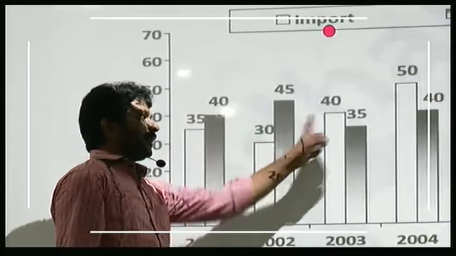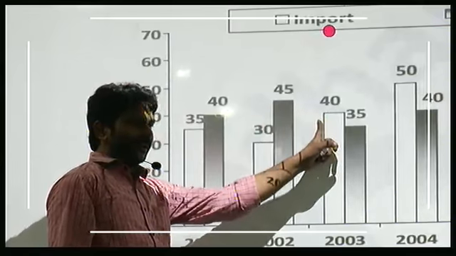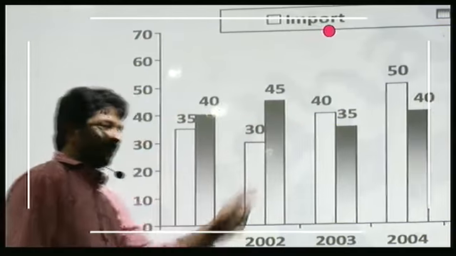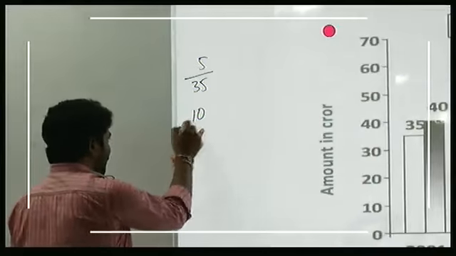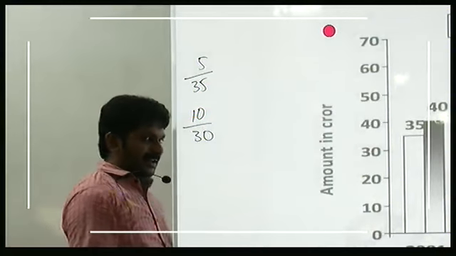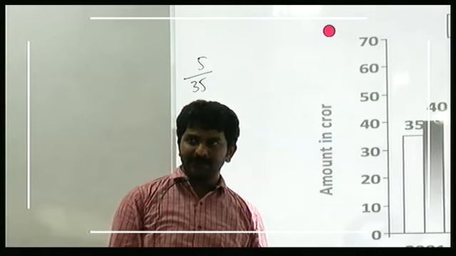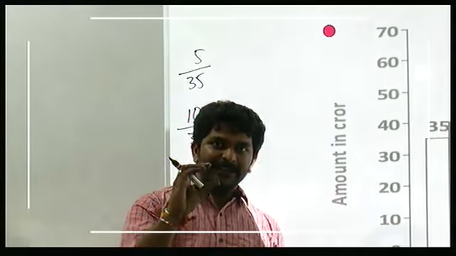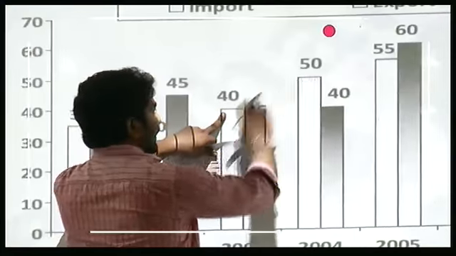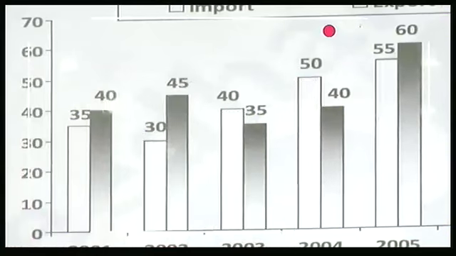Next. From 30 to 40 it increased by 10. From where? 30. So 10 by 30 increase. Whether it is increase or decrease, you don't need to worry about it. Just you should have the least number. From 40 we have 50. 10 from 40.